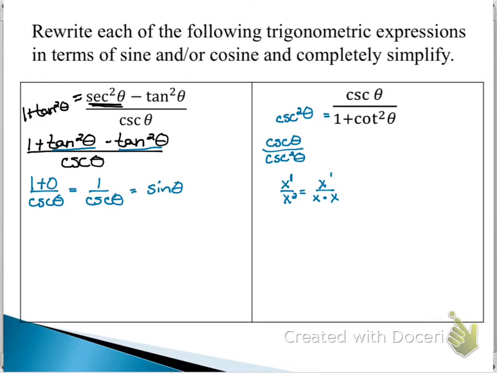And so in reality, if I end up canceling the x's, then I would have 1 over x, which is the same thing as what I'm doing here for the cosecant. So if I've got cosecant theta over cosecant squared theta, what's in the numerator cancels, and we only take out one of them in the denominator. And so then we would end up with 1 over cosecant theta. And 1 over cosecant theta actually equals sine theta.